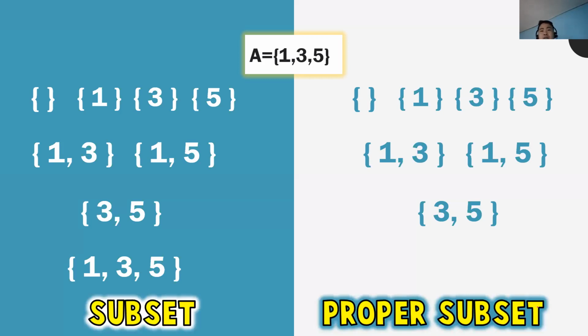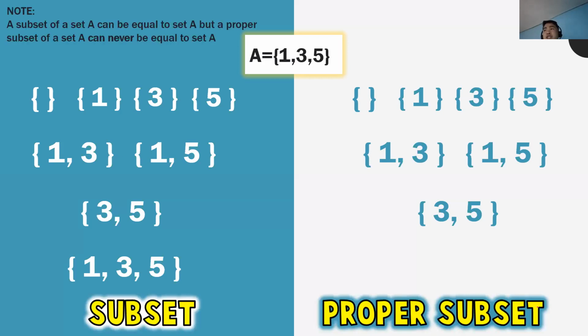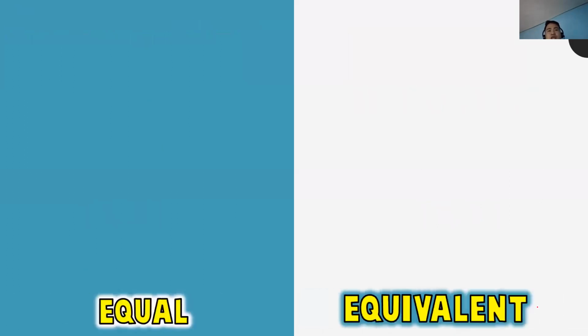Unlike sa proper subset, mayroon siyang -1, kumbaga, kay subset. And then, take note that a subset of a set A can be equal to set A, but a proper subset of set A can never be equal to set A. Okay, parang -1 kapag proper subset. Ganun lang yun.